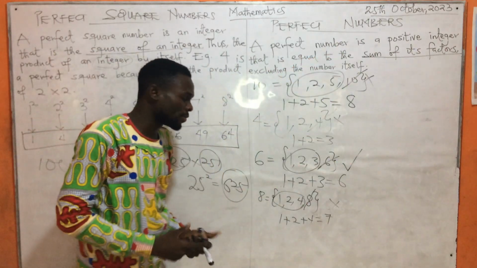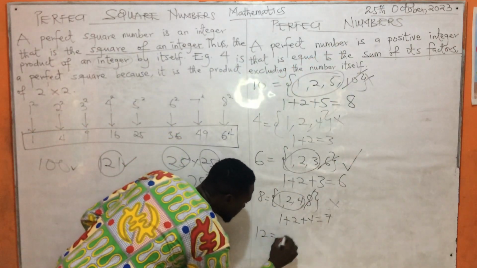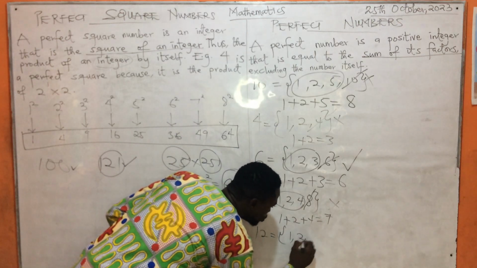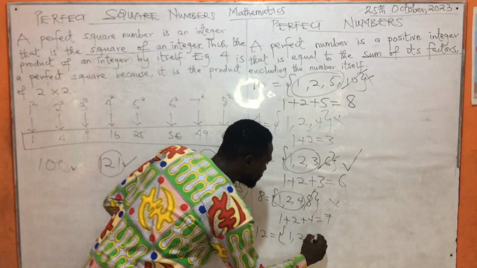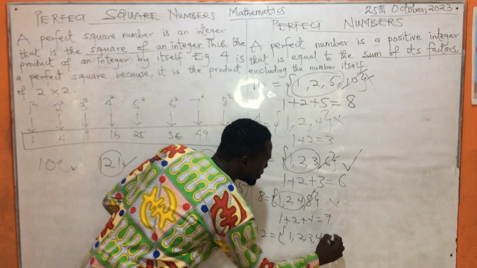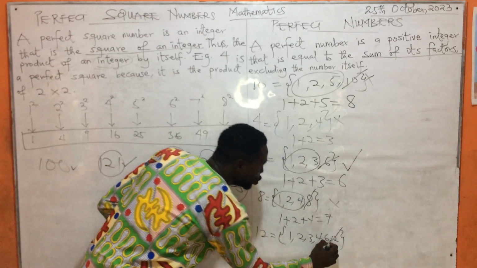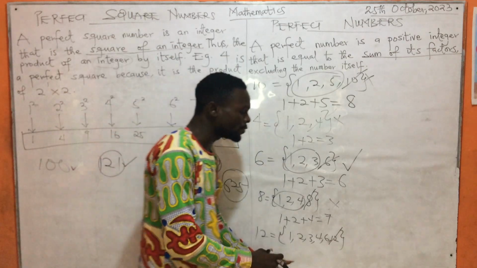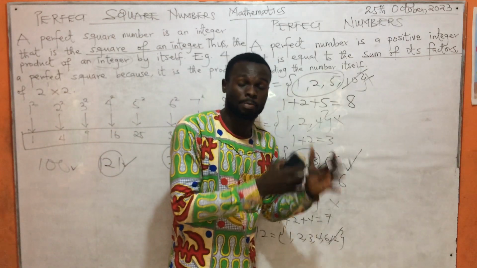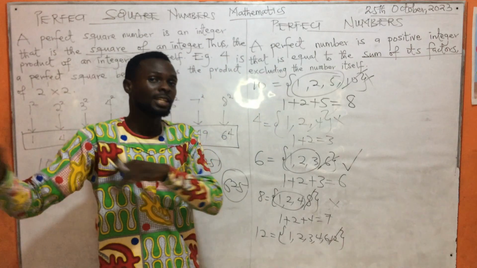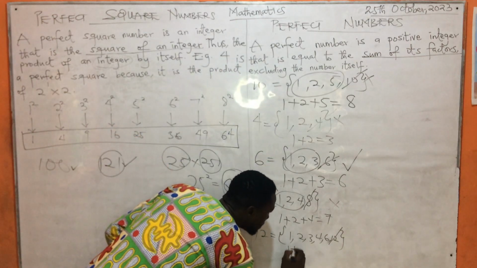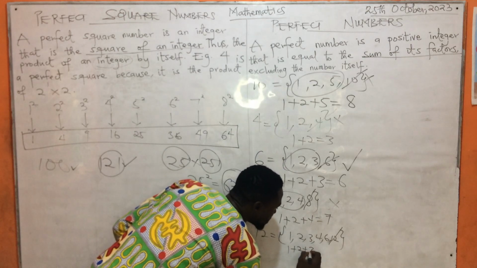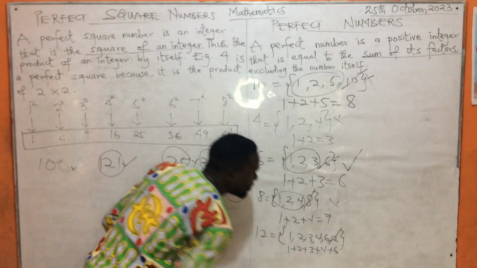You can try 12. Factors of 12. You have 1, 2, 3, 4, 6, and 12. Exclude the number. Always, if you want to know whether it's a perfect number, exclude the number. Add the remaining factors. So we have 1 plus 2 plus 3 plus 4 plus 6.